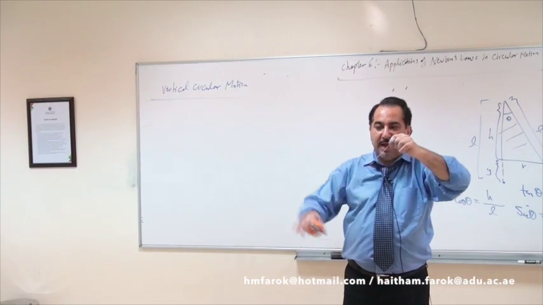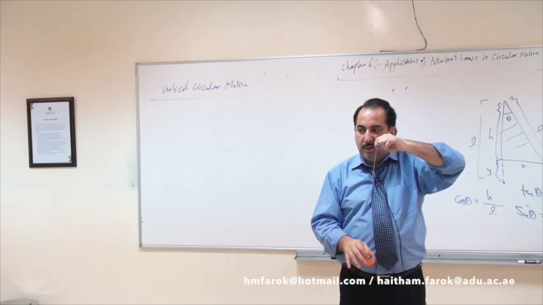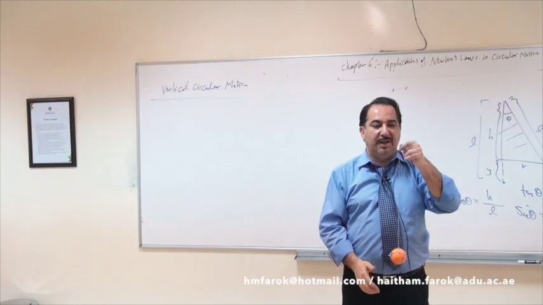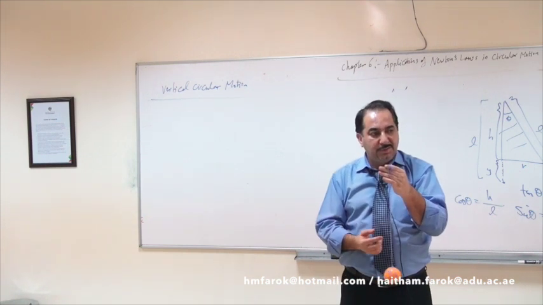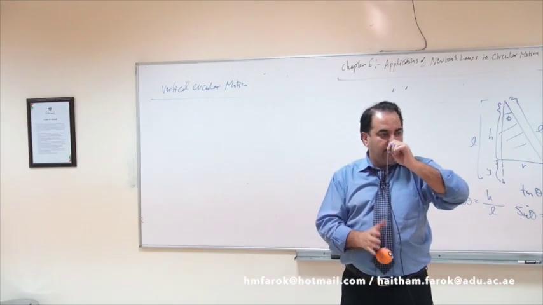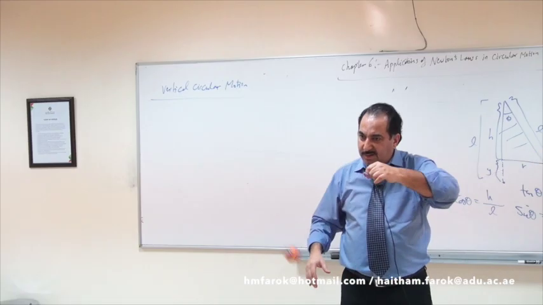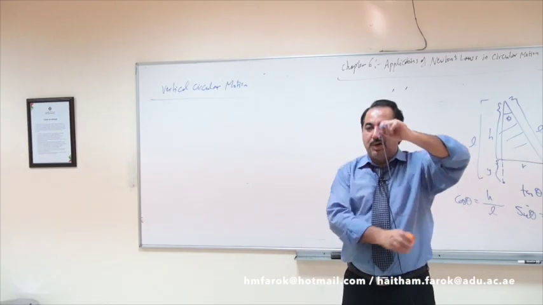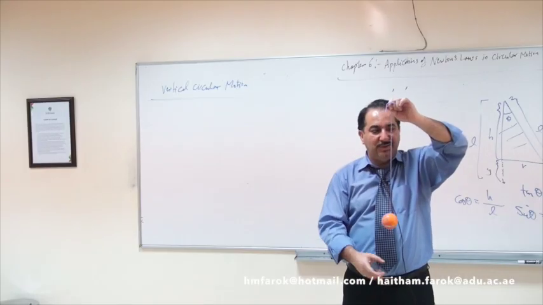But when this one turns at the bottom, you can't say tension equal Fg here at the bottom. Why? Because you need a total force towards the center, Fc. If you don't have a total force towards the center, then you cannot generate circular motion. So when this one turns, do you think Ft equal to Fg or not?